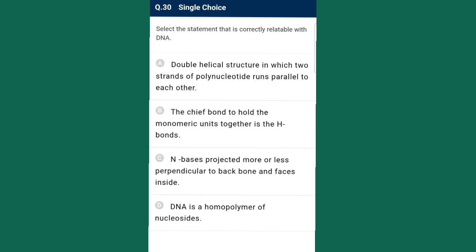The nitrogen bases of each nucleotide face towards the inner side and attach to the other strand by hydrogen bonding. There are 4 types of nitrogen bases, forming a heteropolynucleotide. So the answer for this question is option C. N bases are projected more or less perpendicular to the backbone and face inside.